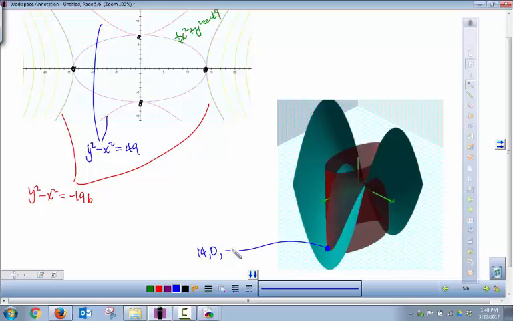And then the y value is negative 196. And then this up here would be your point. X is equal to 0, y is equal to 7, and then z is equal to 49. Okay?